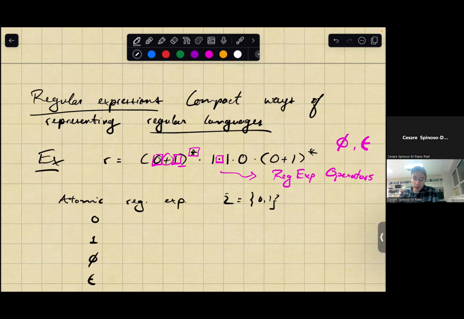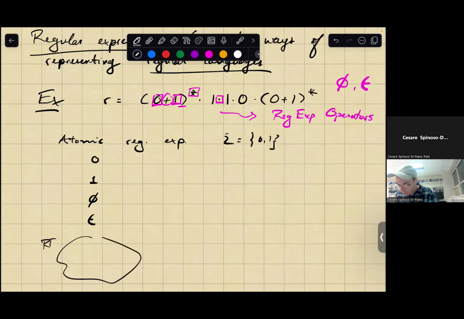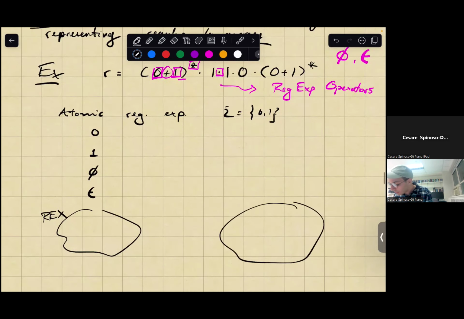And each of these atomic regular expressions, you can think of them as pointing to exactly one language in the space of languages. So you can imagine you have regular expressions, and then you have the set of all languages. Then one regular expression points directly to one specific language. So in the case of atomic regular expressions, it's very easy to know what they point at.